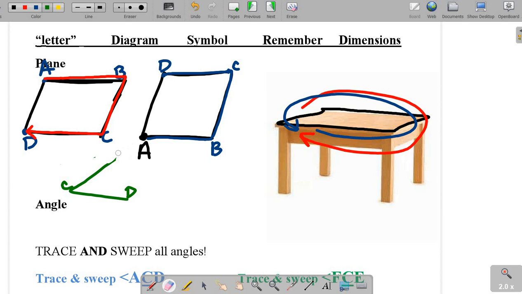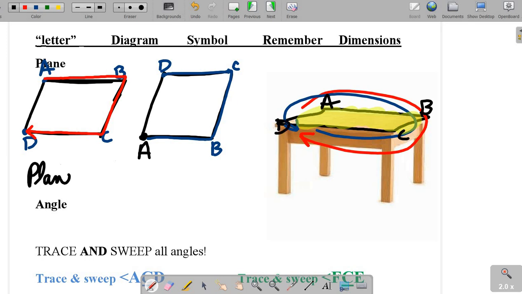It's really important you understand the terminology here because you're going to be required to draw this stuff. Now, there are several ways I can name this plane. I name it using the letters. As long as I go clockwise or counterclockwise, it's fine. If I put my letters on there, I can call it plane ABCD.